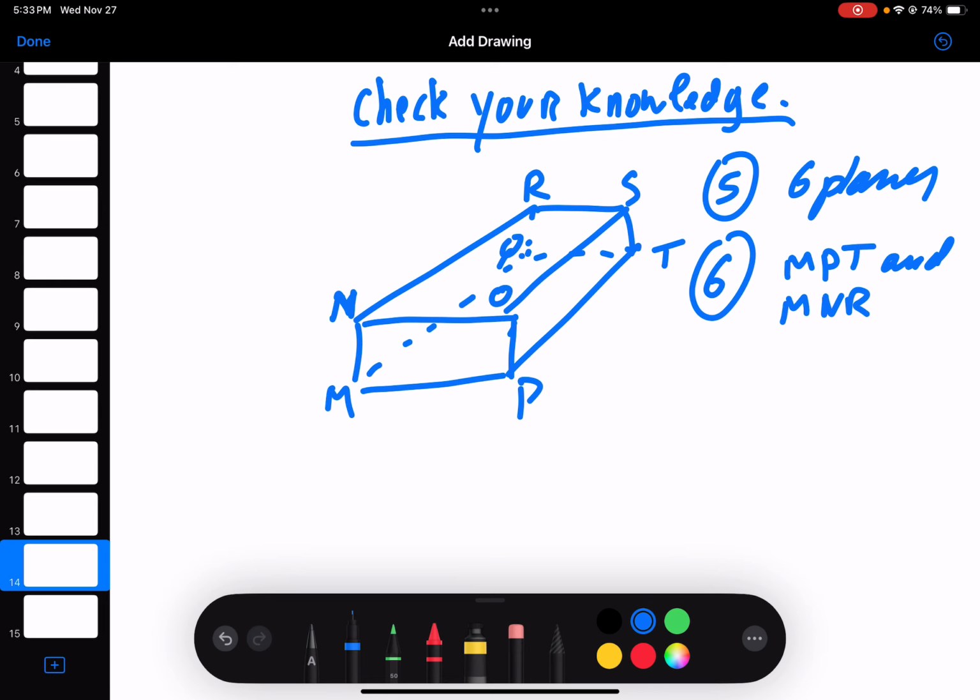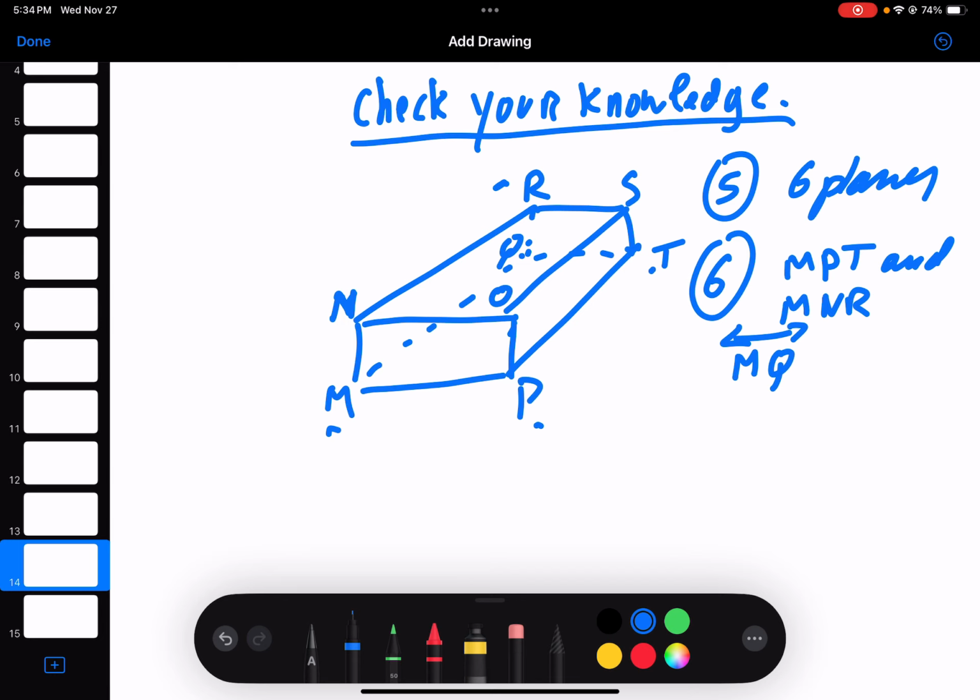MPT, that's the bottom plane. And M and R is the left side sideways plane. So they will intersect at line MQ. You see it? I think you do, if you look at it.